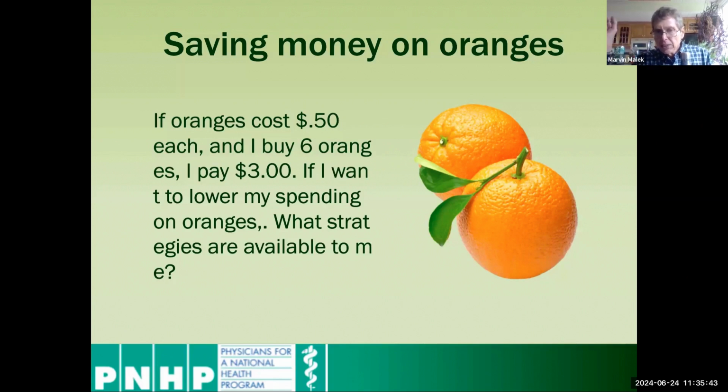But there are other ideas. So what other ideas are available? I was going to say actually the opposite. Examine the trends in orange prices, and if you see that it's increasing, you might want to buy in bulk so you can save later. Okay.